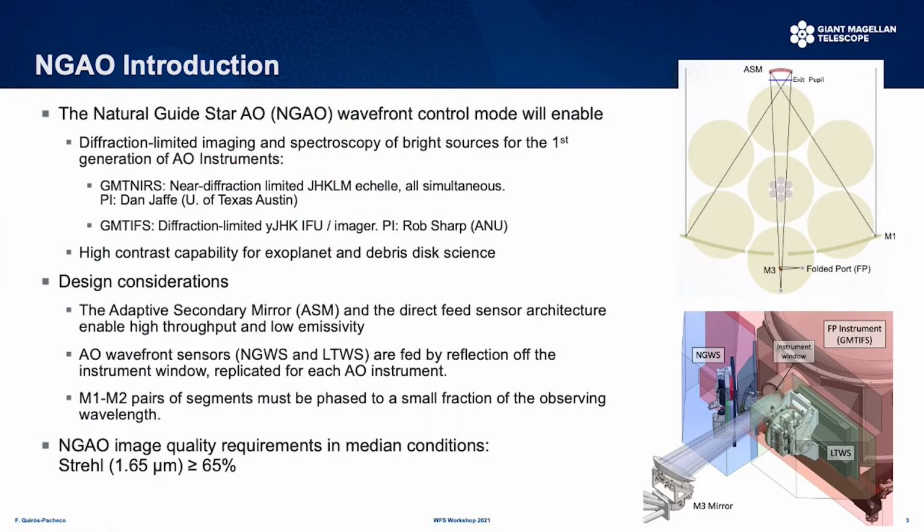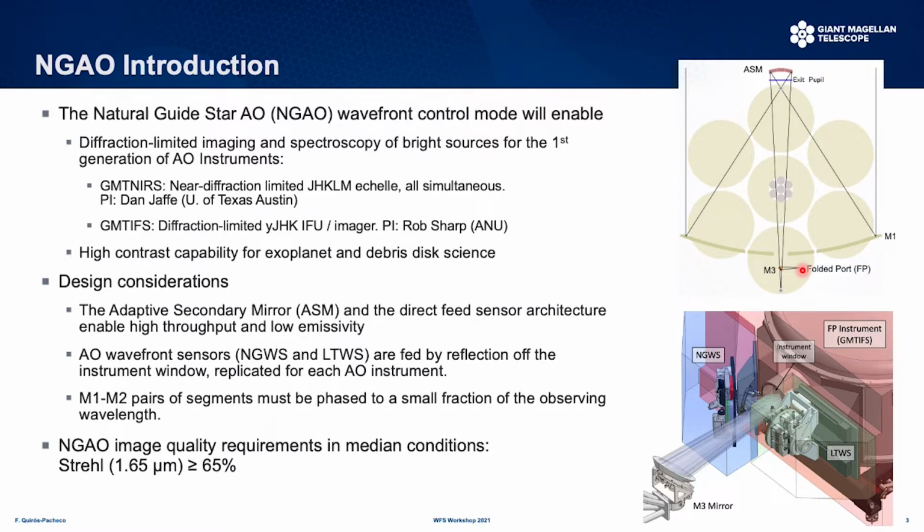The NGAO wavefront control mode will enable the diffraction-limited imaging and spectroscopy of bright sources for the first generation of AO instruments. The adaptive secondary mirror and the direct feed architecture will enable high throughput and low emissivity, since there are only 3 reflections before reaching the AO instrument in the folded port of the GMT.